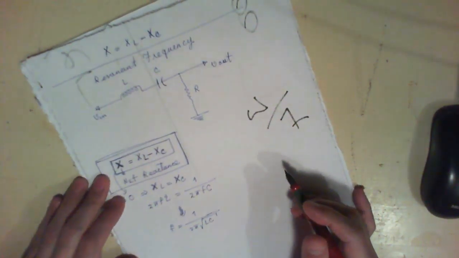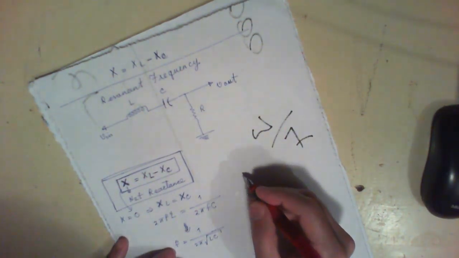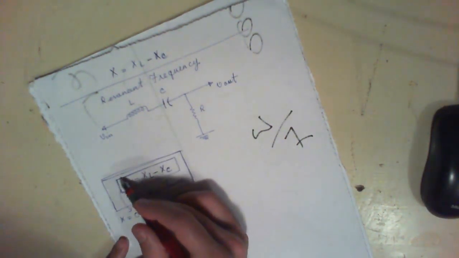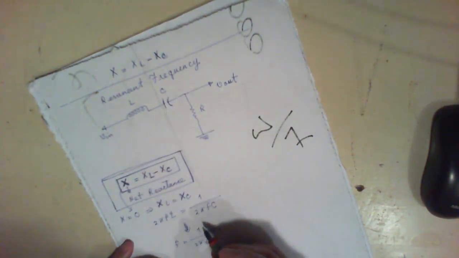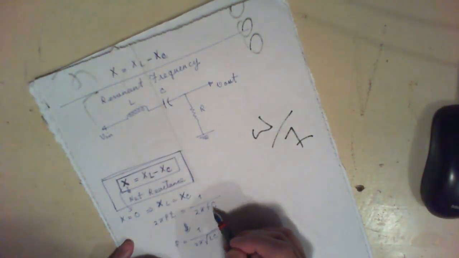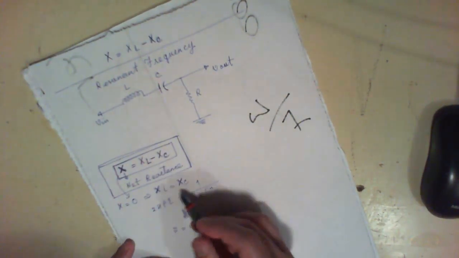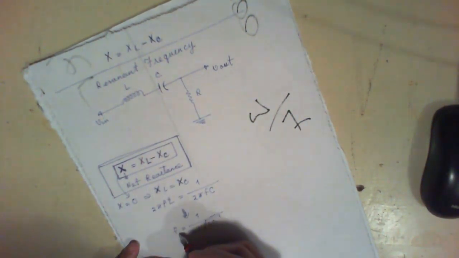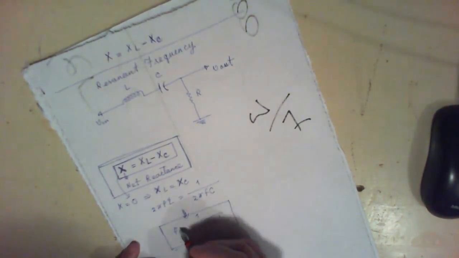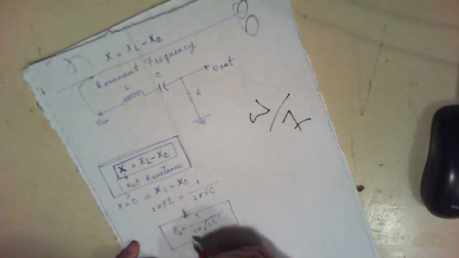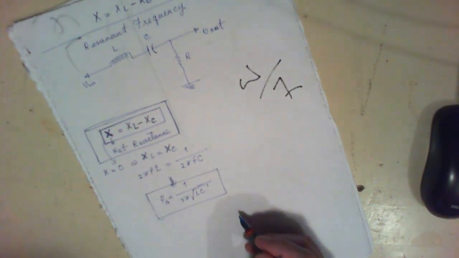In the previous video we said that if your net reactance is equal to 0, then by solving all of these equations, you get f is equal to 1 over 2 pi square root of LC, and we call that the resonant frequency.